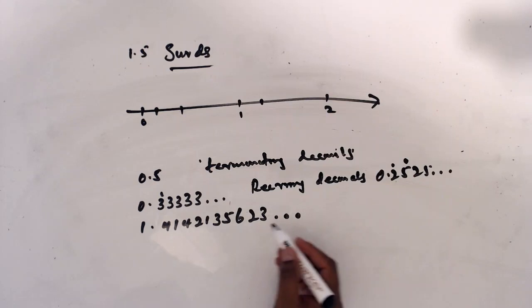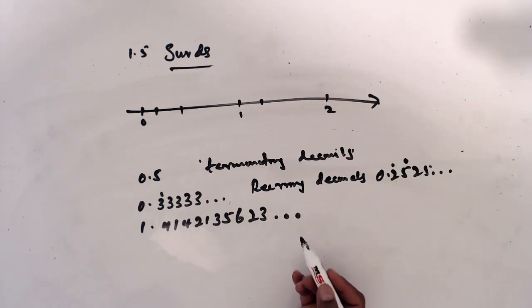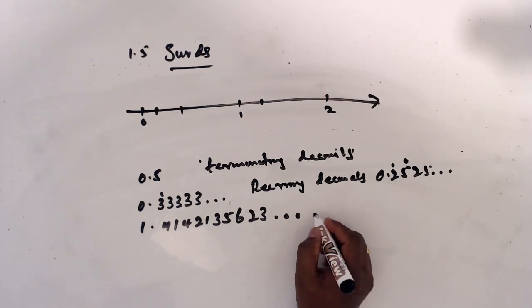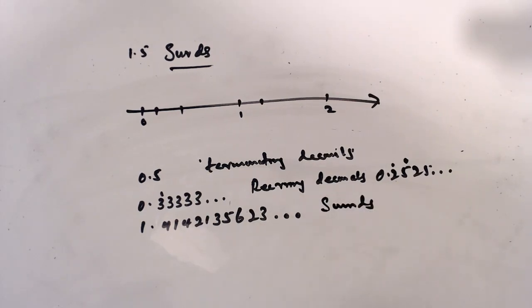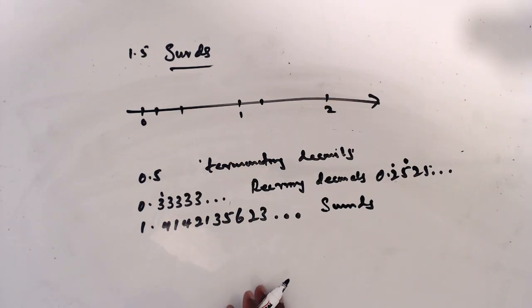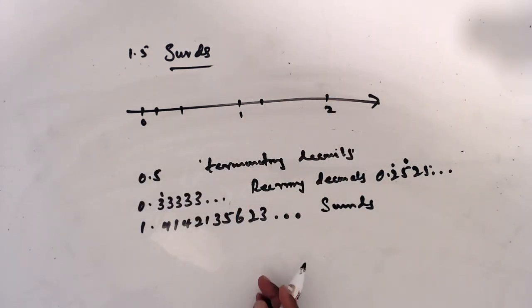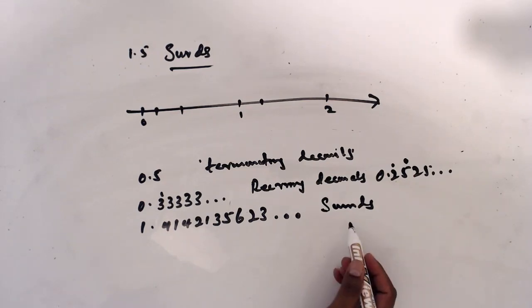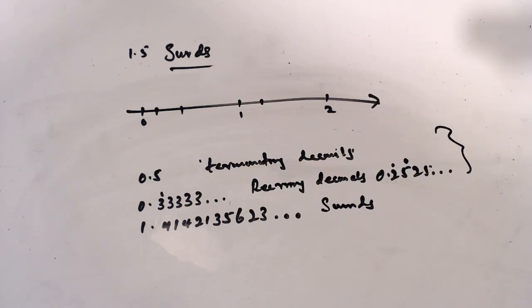Actually, we know that we can find it, but there's no pattern or recurring decimal. So those types of number sets are called surds. So basically, we can divide the number line into surds and others, which are non-surds.